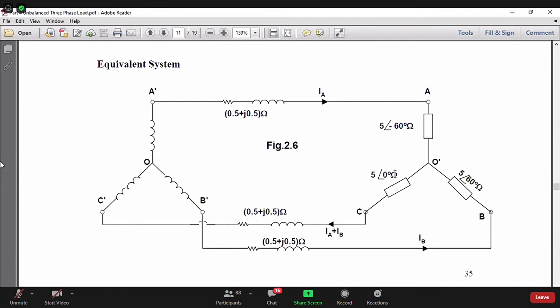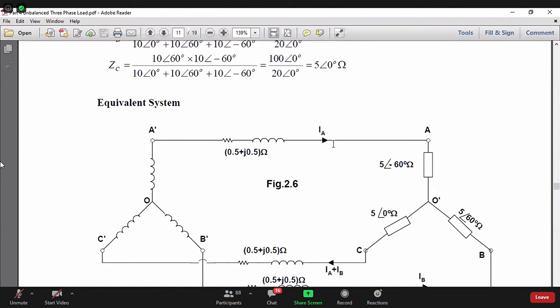Then solve it, you will get the line currents IA, IB, IC. Once IA is known, I can calculate the phase voltage, IA into 5 angle minus 60. What is the phase voltage of B? IB into 5 angle 60. Like that I can find out the three phase voltages.